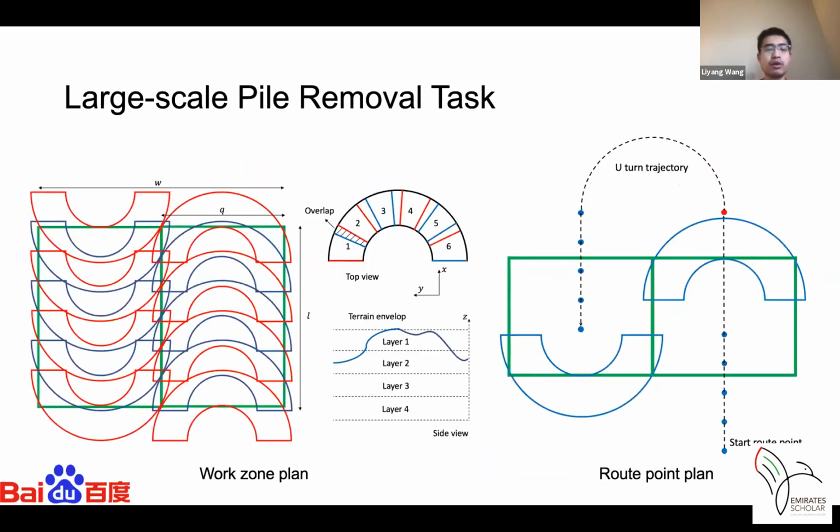And based on that, we also design large-scale power removal tasks. Suppose there is a very large scale, it should have some sophisticated route planning for the entire task. And we can see here the sector's angle is 180 degrees.